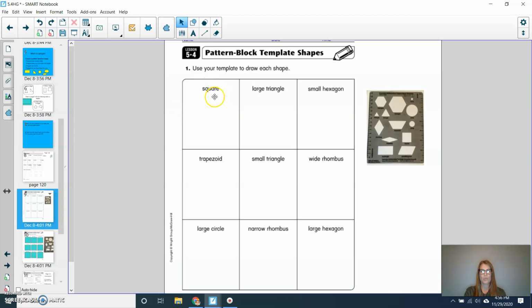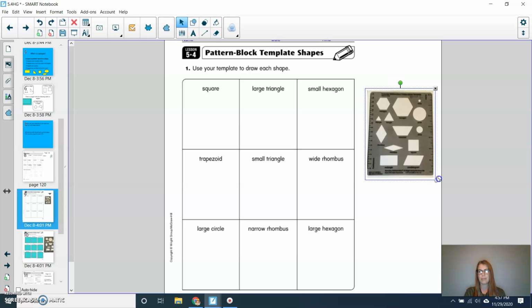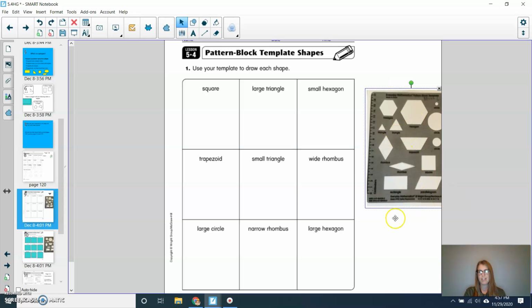So the first one says square, large triangle, small hexagon, trapezoid, small triangle, wide rhombus. And if you're unsure what a rhombus is, double check on your template. They do name each of the shapes on there. Large circle, narrow rhombus, and large hexagon. So press pause and then play when you're ready to check.